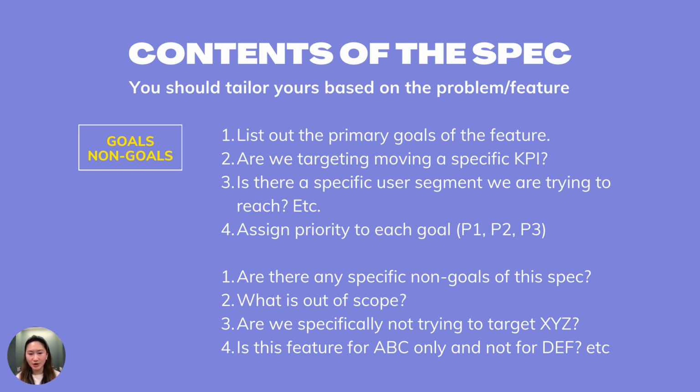What is out of scope, and what is a user segment or target platform that you're not going to target? And also explain why, so your stakeholders understand. It could be that you're going to focus on this user segment or this platform in a separate spec, or it has been addressed already.